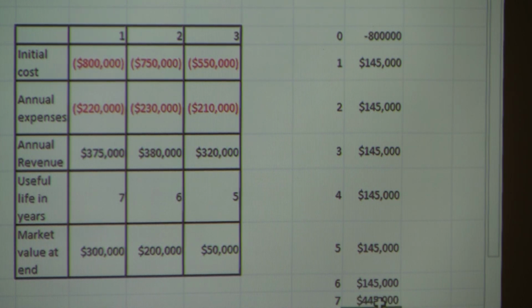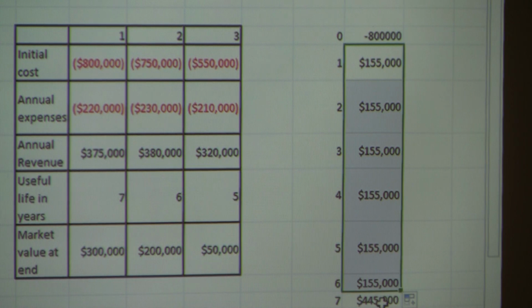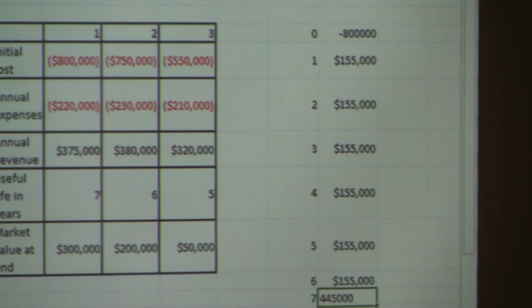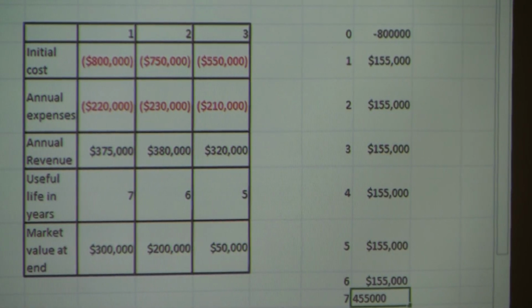So I have my revenue for that year plus the sale. Agreed? How'd you get 145? Should be 155? Okay. Apparently my head math is not working so well this morning. So that should be 455 then. Okay, so now we agree?